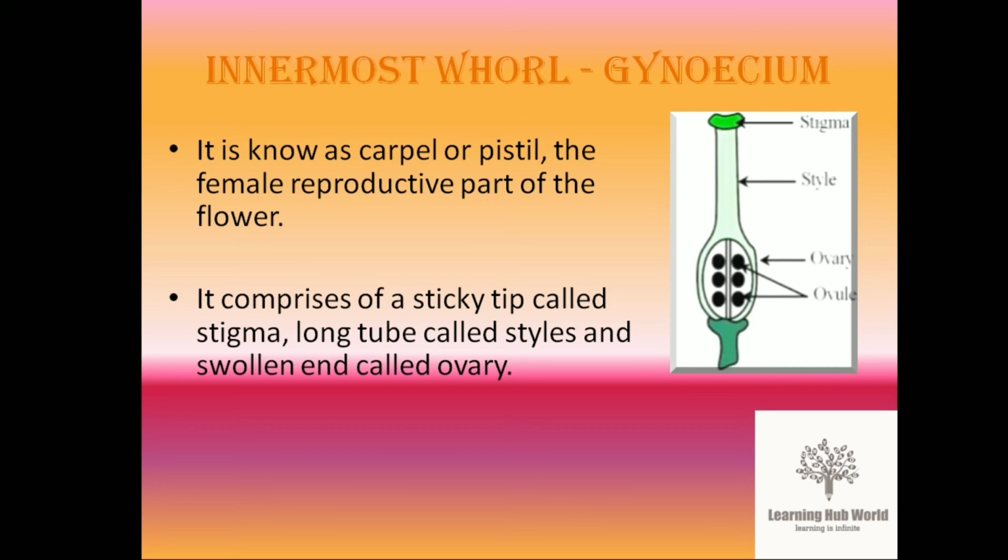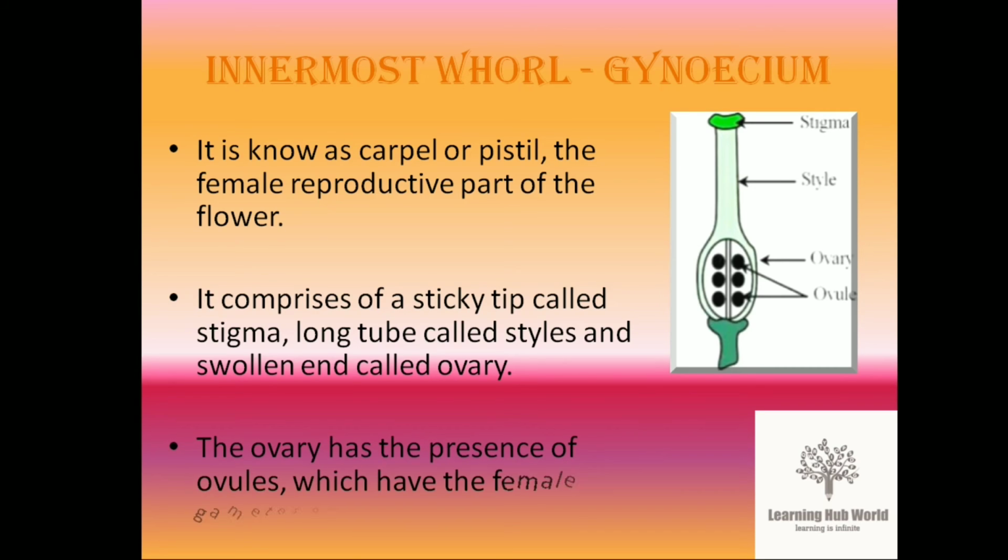From the stigma arises the style, which is the long tube-like structure as you can see in the picture on your right. This style then forms at the bottom a swollen base called the ovary. This ovary has the presence of ovules, and inside these ovules are the female gametes of the flower.